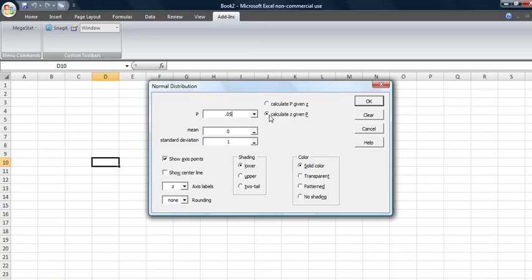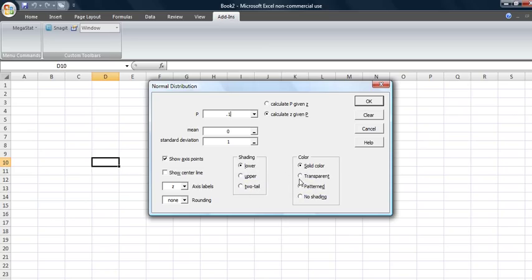I want to calculate z given p, and you can type in any value here: 0.1, 0.05, 0.01, or 0.001. Let's type in 0.1, with the mean and standard deviation here, and it'll shade either the lower, the upper, or both tails, but we don't want to deal with that right now.